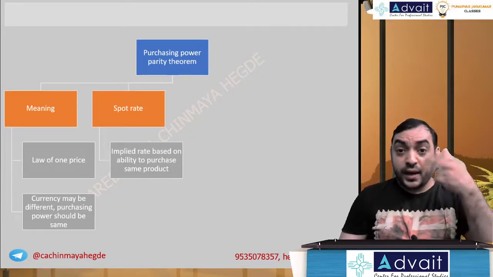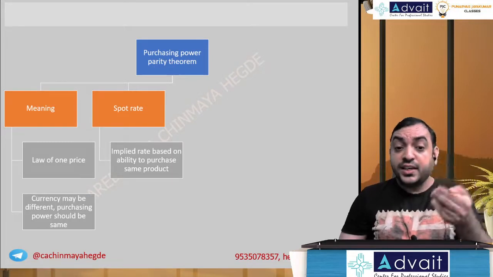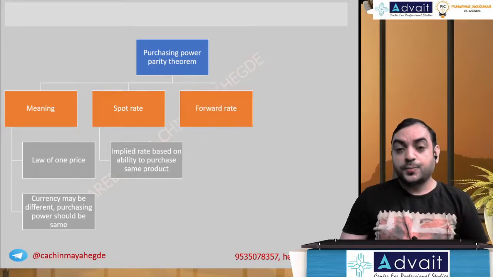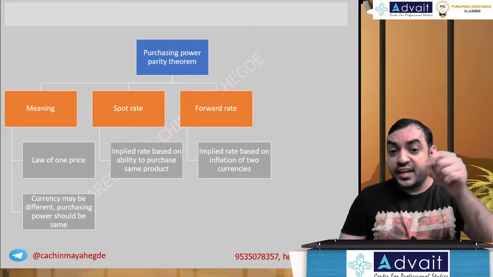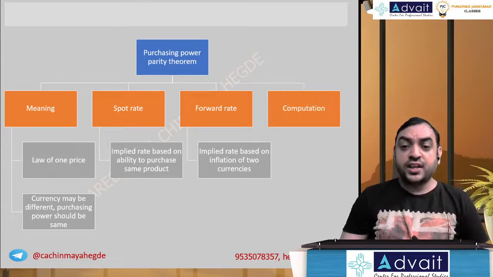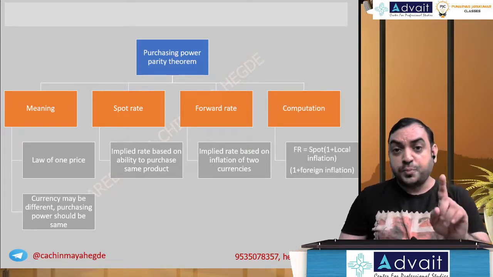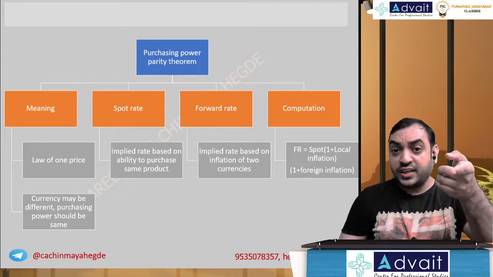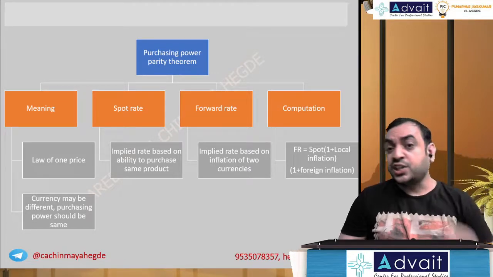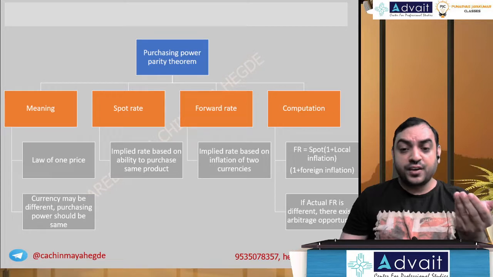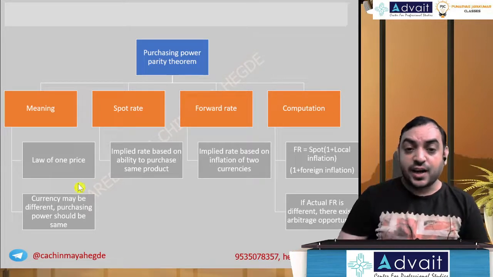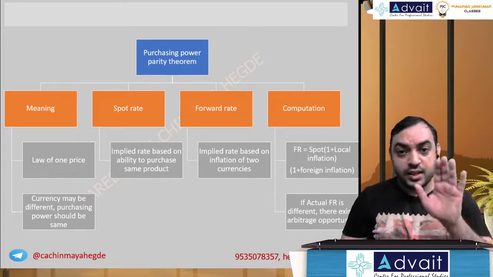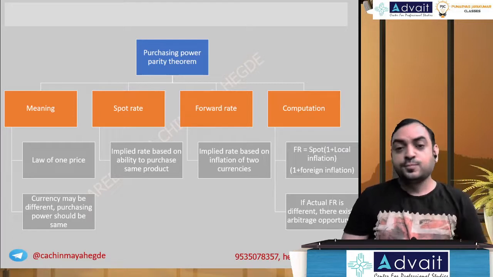Spot rate is the implied rate based on the ability to purchase the same quality products. Forward rate is the implied rate based on inflation of two currencies. Computation: spot rate into 1 plus local inflation by 1 plus foreign inflation is the forward rate. If the actual forward rate is different, there exists an arbitrage opportunity. That is what we have discussed so far.